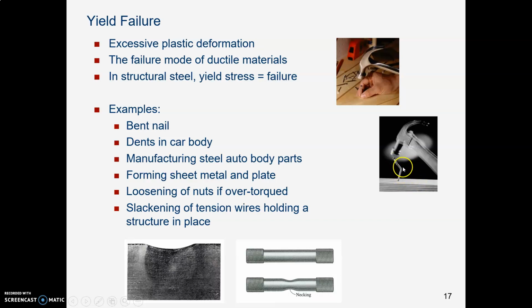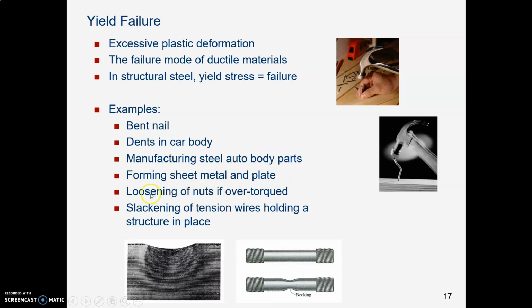Well, that nail has already yielded. So you can hammer it out kind of straight, but you will never get it straight, and you will always have that yield failure where it bent, so it will never ever be a good nail. But we can also use yield failure intentionally when we're forming sheet metal and plate or making car parts.